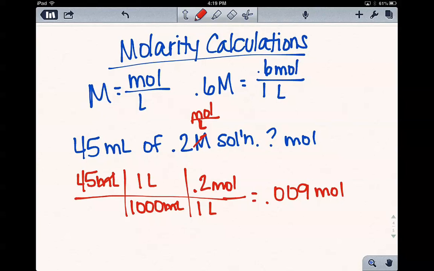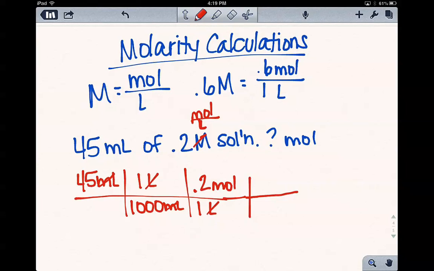Well, let's say you wanted to take this one step further. And let's say instead of moles, you wanted to know what mass of this particular substance you have. Well, you would just do one more step, and in this case the liters have canceled and we're left in moles. So how do you get from moles to grams? Well, you would use the molar mass from the periodic table.